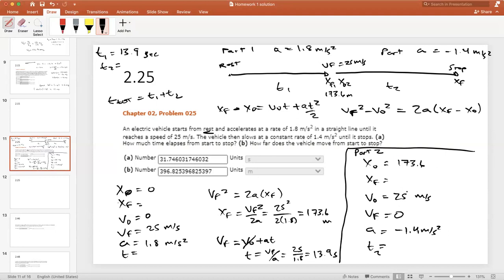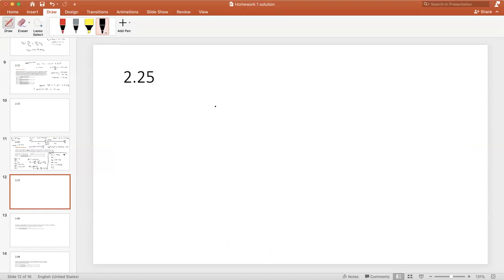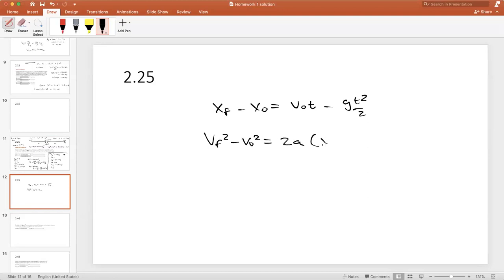All right, so I can again just repeat what I did here. So x final for part 2 is v naught t minus g t squared over 2. I don't want to use this because I don't know x final or t. So what I want to use is v final squared minus v initial squared is 2a times x final minus x initial. And remember, this isn't 0 now.